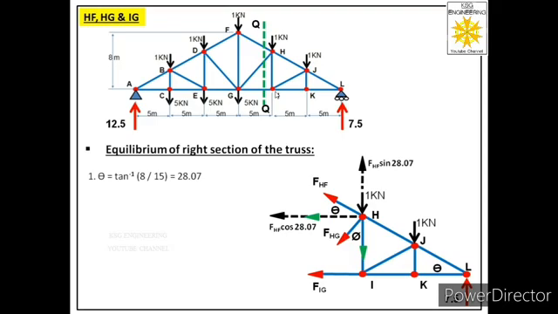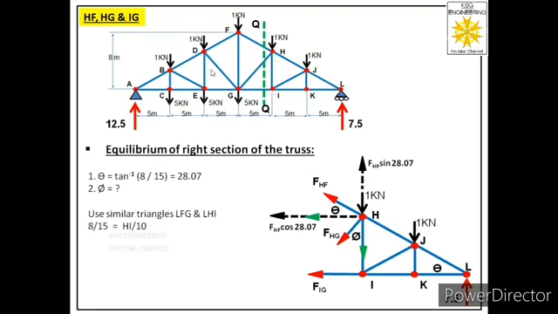So these two triangles, FGL and HIL, are similar triangles. So it means now we can say perpendicular upon base of the bigger triangle will be equal to perpendicular upon base of the smaller triangle. So in order to find phi, we will use similar triangles LFG and LHI.